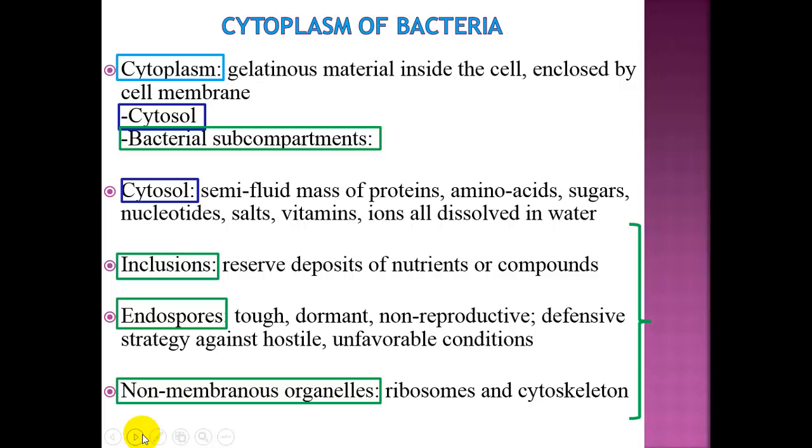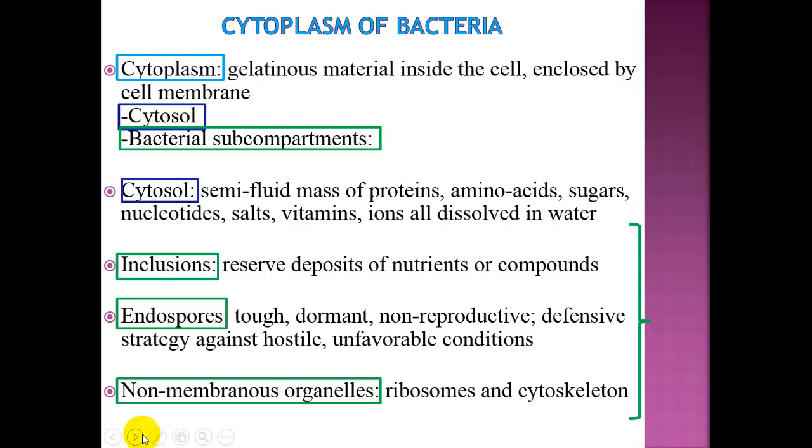So, these are structures that store nutrients such as lipids and starch, and compounds such as nitrogen, phosphate, and sulfur. These nutrients and compounds are taken up in abundance when needed and used when they are scarce in the environment.